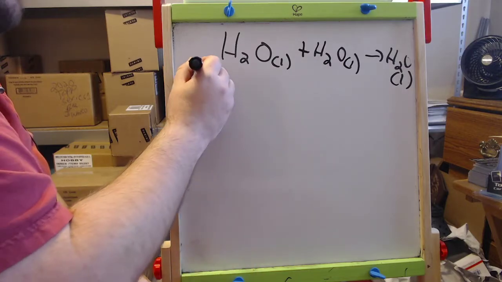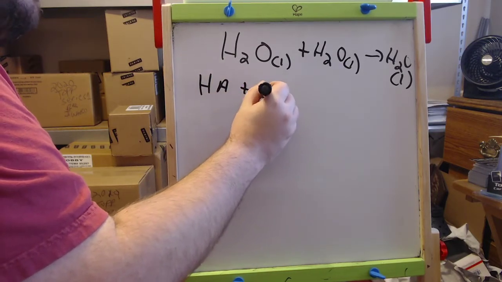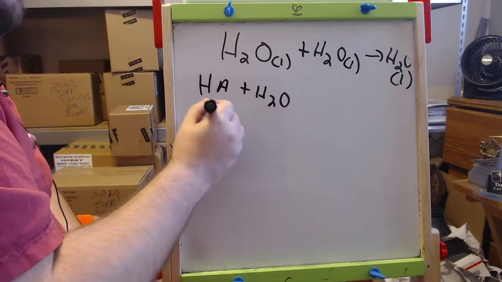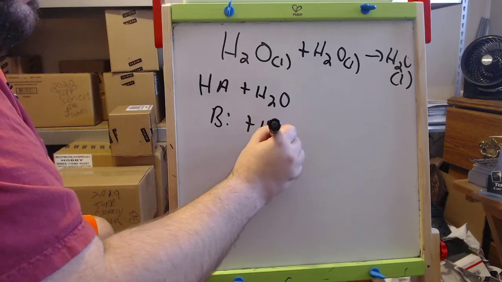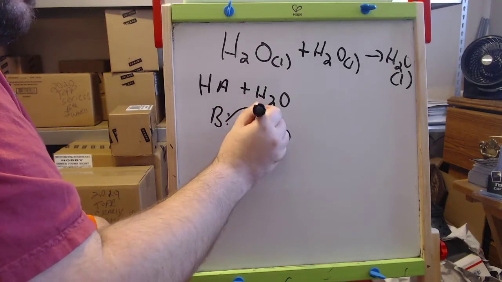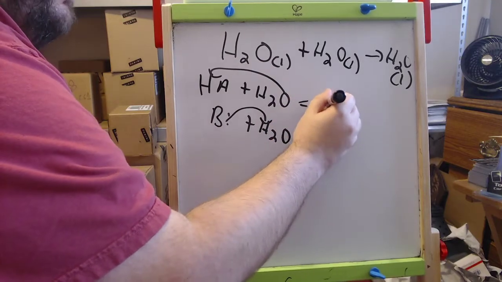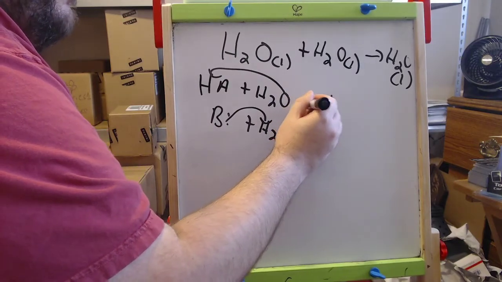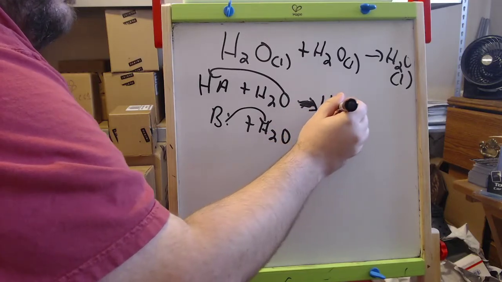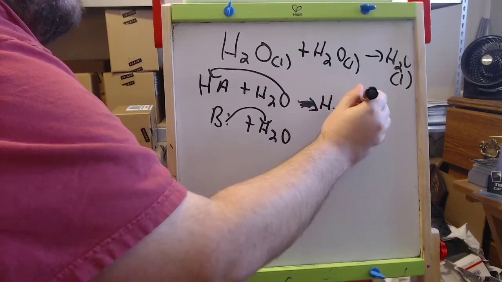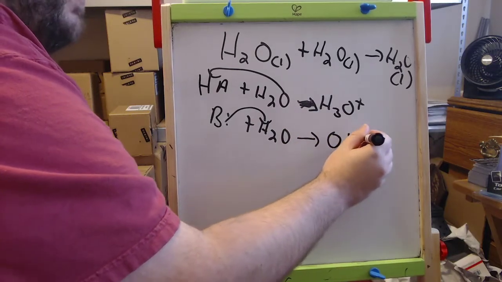We have to go back to Bronsted-Lowry definition, where we talked about water being amphoteric. Where water, in the presence of an acid, could make hydronium, and water in the presence of a base makes hydroxide.